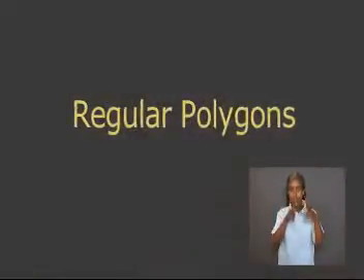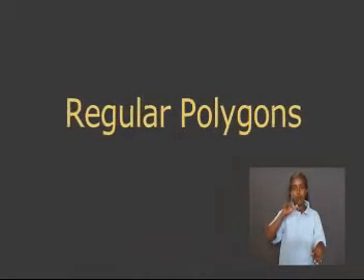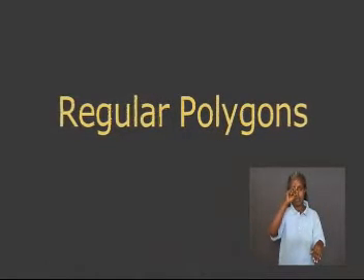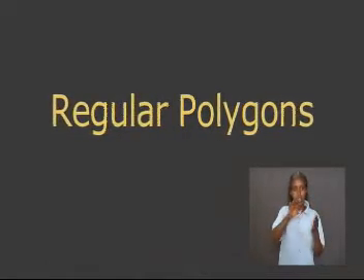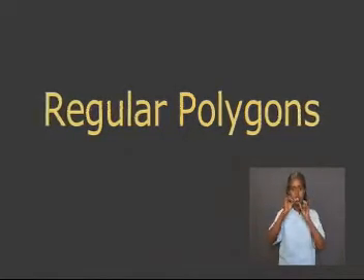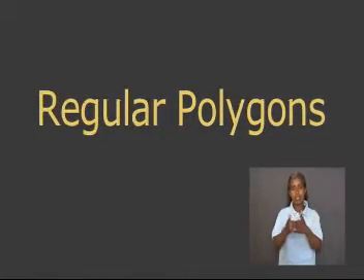Since this is our first lesson in geometry and measurement, we are going to start by looking at regular polygons to gain a solid understanding of some of the basic principles of geometry and measurement. First, let us define what a polygon is.